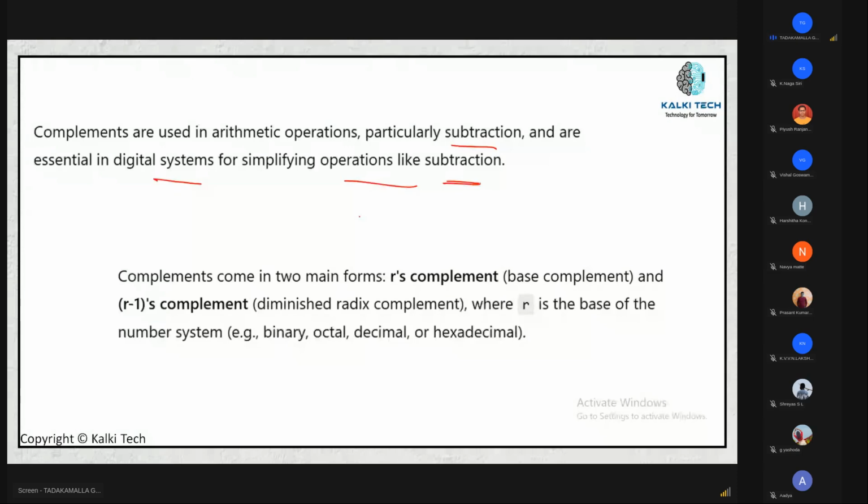Suppose we want to subtract two numbers a and b, which are binary numbers. Instead of subtracting them directly, we perform one's complement on this number b. That is, a plus one's complement of b, or you can also perform a plus two's complement of b.